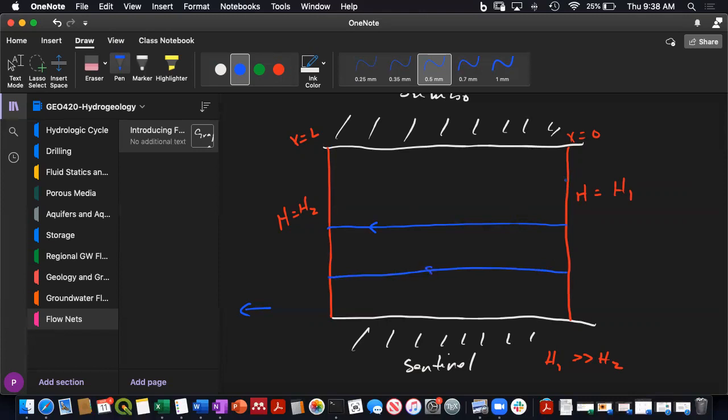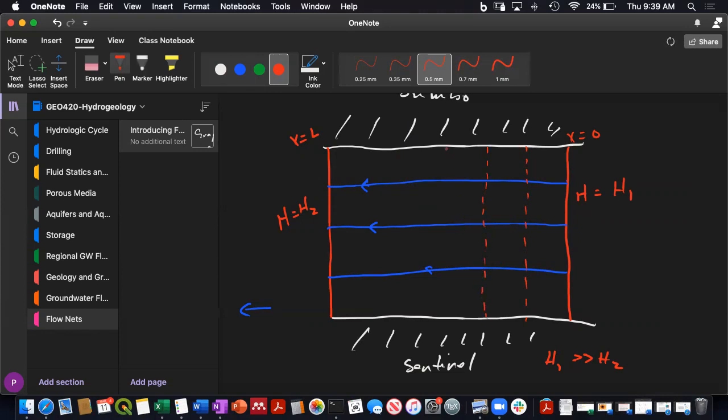And for this particular setting, I am trying to draw these as straight as I can. And my red lines here are going to be head contours. And what I'm trying to do here with my head contours is make squares as best I can.